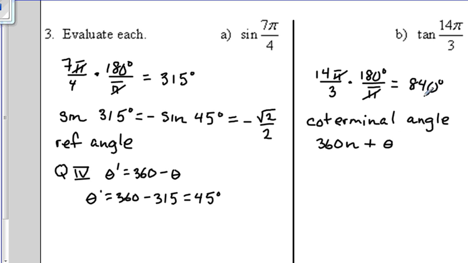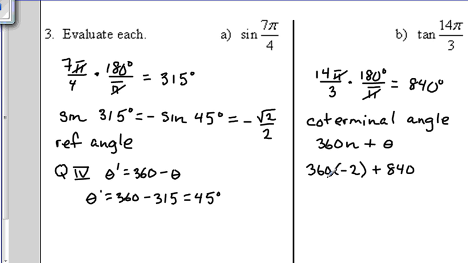Because 840 is bigger than 360, our n will have to be negative. So we are going to do 360 times n, which is going to have to be negative 2, plus 840.